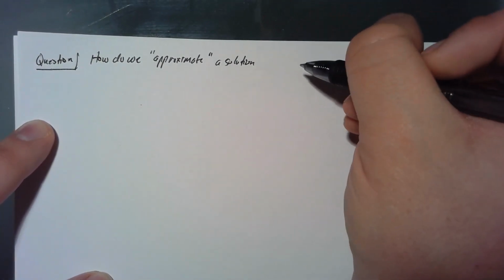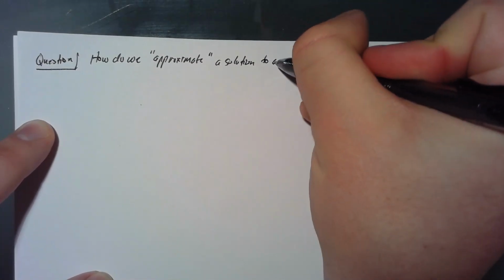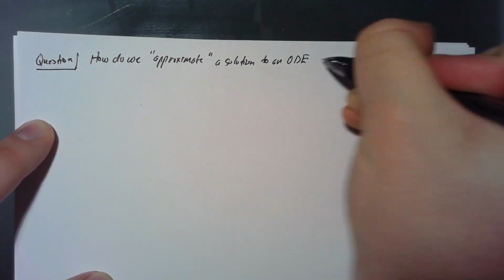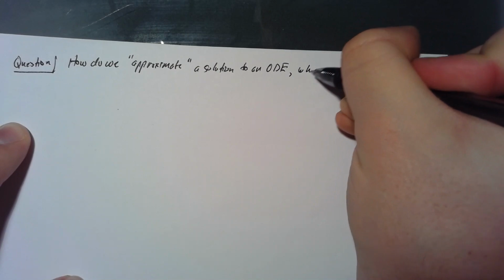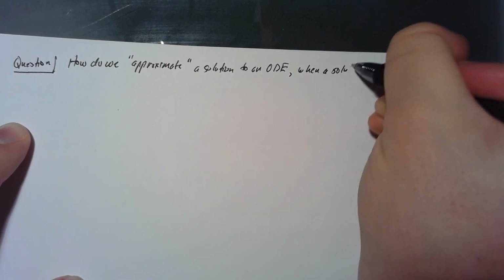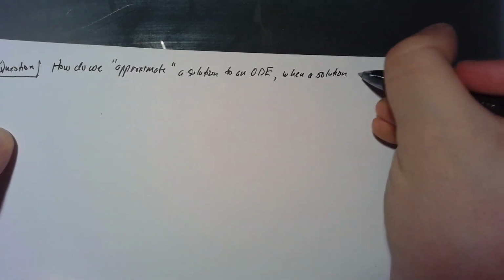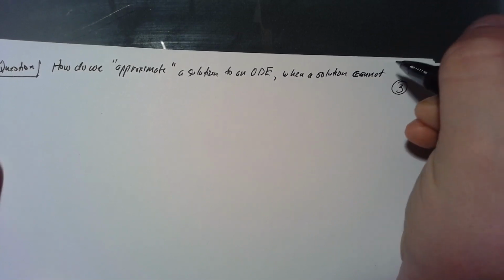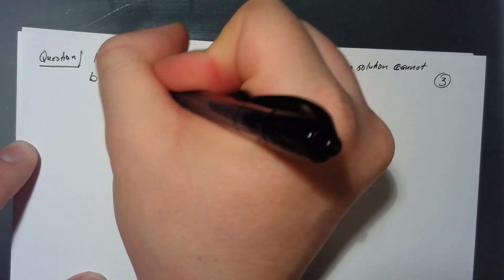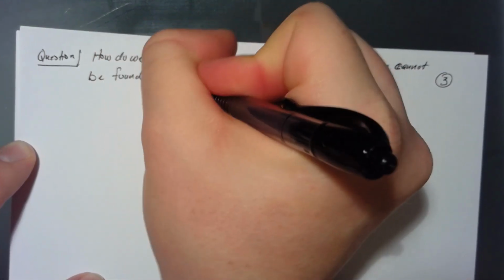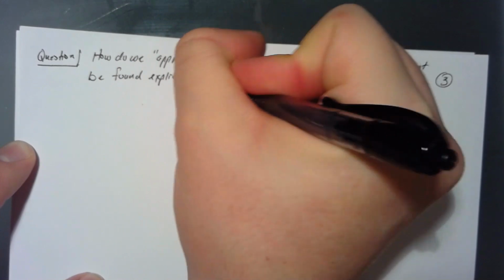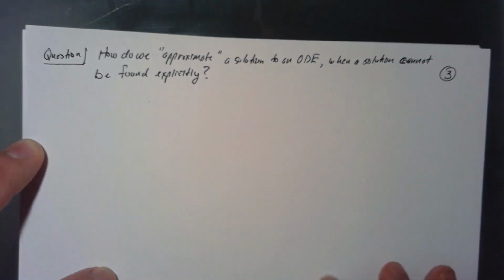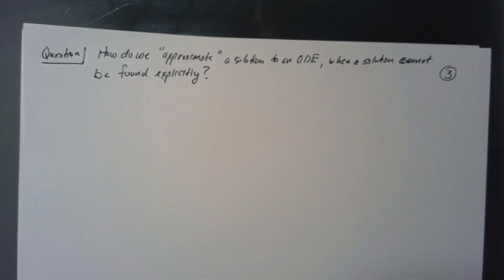How do we approximate a solution to an ODE when a solution cannot be found explicitly? So how do we do this?